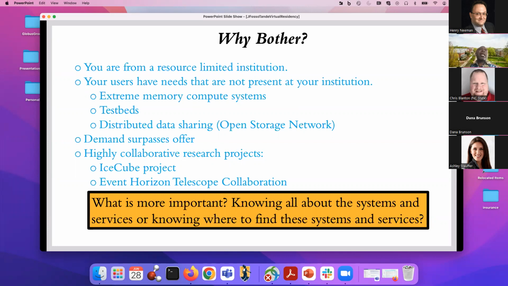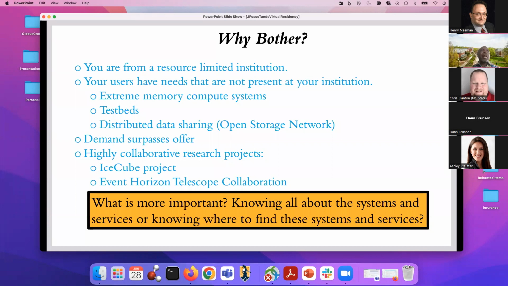You rely on this national cyberinfrastructure system to serve your users, or your users have needs that are not present at your institution. You could be from a well-resourced institution, but it doesn't imply that you have all of them. For example, you could have users with extreme memory compute needs that you don't have.